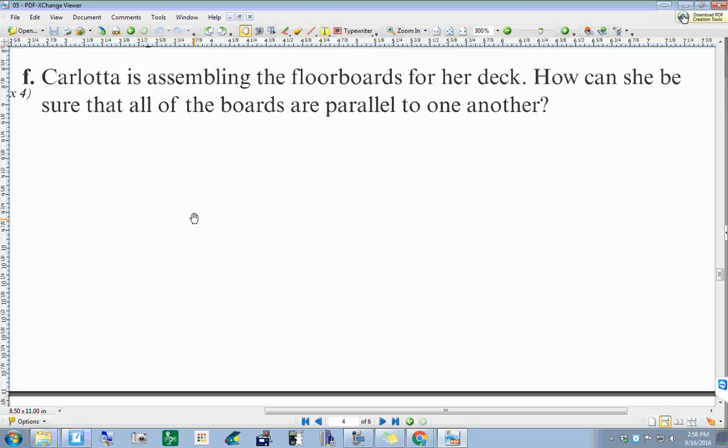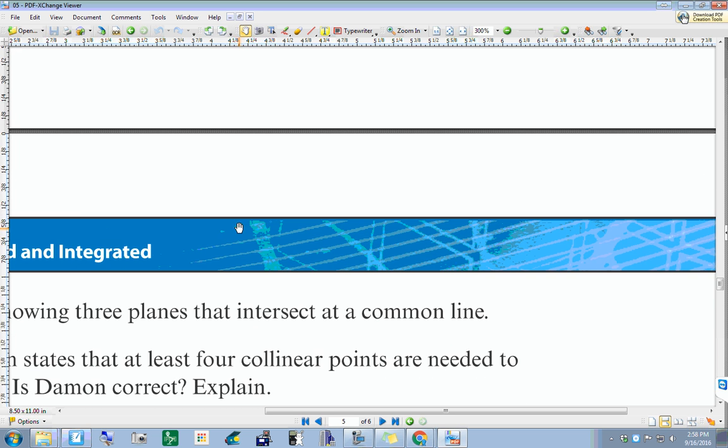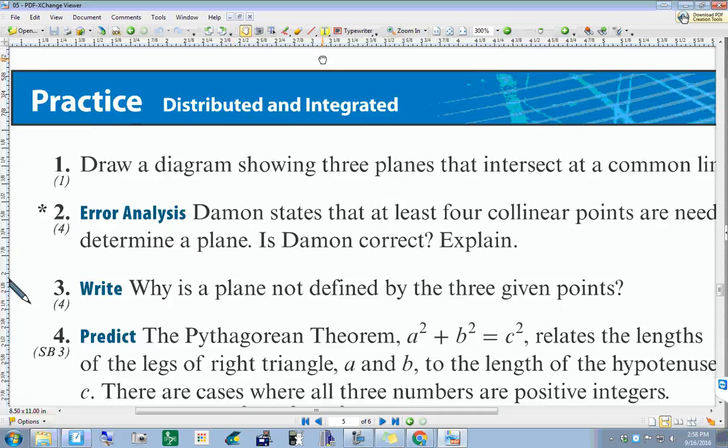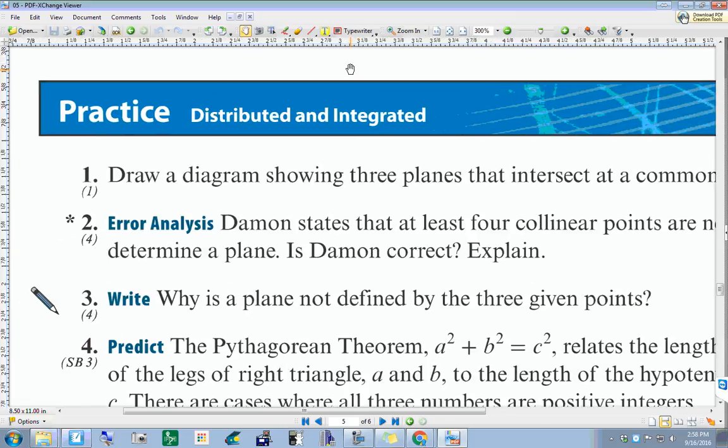What are the floorboards always to those joists? Okay, so if I make sure that all of the boards are perpendicular to the joist, would they be all parallel then? Are you sure? Stake your life on it? Oh, excellent. All right, so now you've got the assignment here, so you can start working on that.